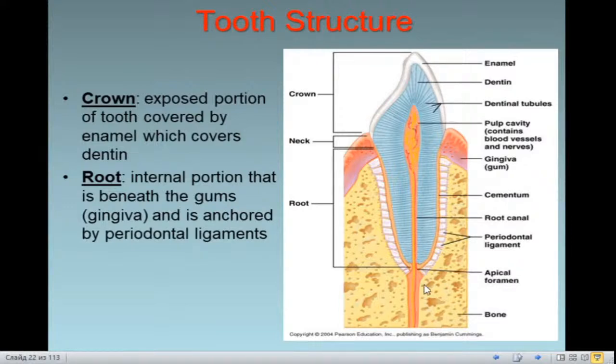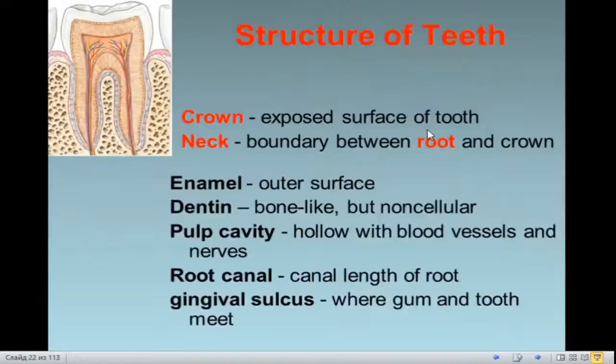That serves as the canal for the vessels. In between the crown and the root, there is a small portion called the neck, and it serves as a boundary between root and crown.